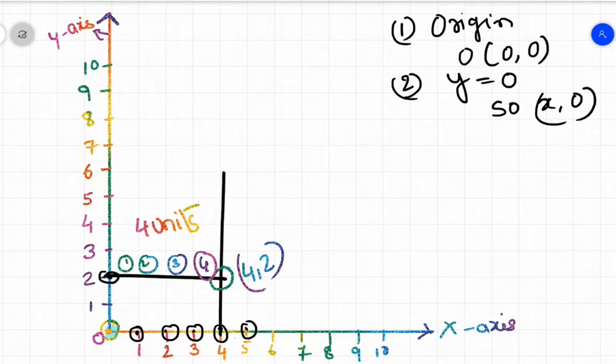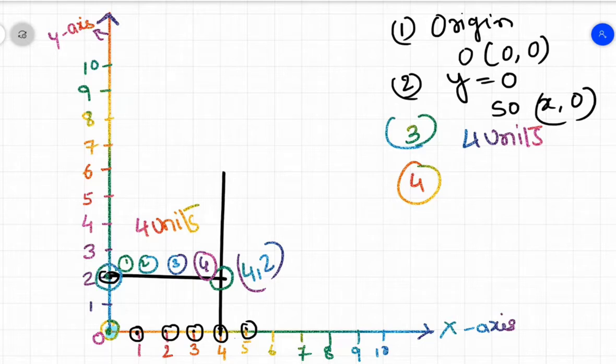What is the distance between the points 0, 2 and 0, 6? Now see, the question number 3 was 4 units. Okay. Now what is the answer for question number 4? Question number 4 says, what is the distance between the points 0, 2 and 0, 6? First of all, 0, 2. 0 means this one on the x-axis and 2 is on the y-axis.